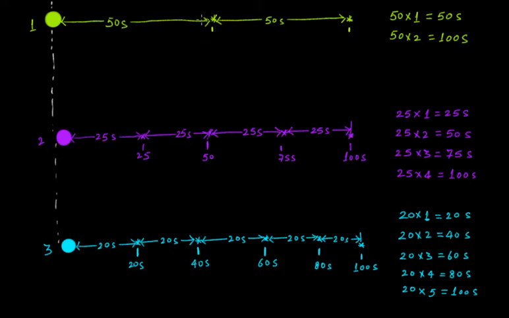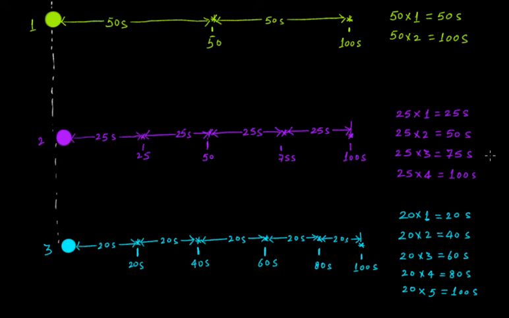It changed first at 50 seconds, then it changed again at 100 seconds, and we represented it mathematically. Similarly for this and similarly for this. If you could see them, these are representing the multiples of 50. 50 is a multiple of 50, 100 is a multiple of 50.